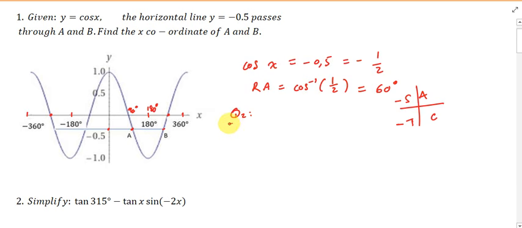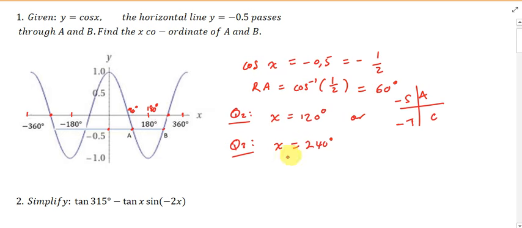So quadrant 2 will give us 180 minus the reference angle. So x is equal to 180 minus 60, which is 120 degrees, or the quadrant 3 solution is 180 plus 60. So x is equal to 180 plus 60, which is 240 degrees.